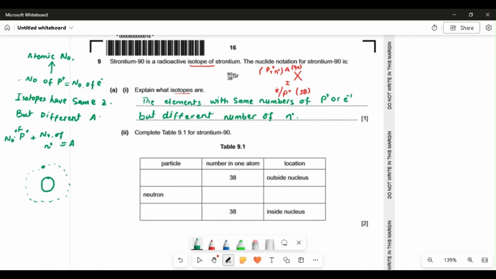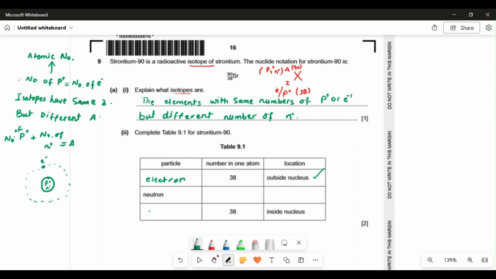Usually electrons revolve around the nucleus, whereas protons and neutrons reside inside the nucleus. So something outside the nucleus is the electron. Electrons are outside the nucleus, and I told you that the number of electrons and protons are the same.